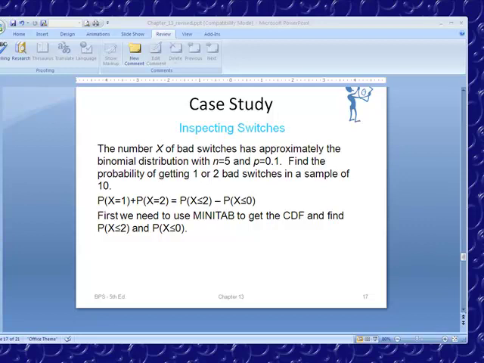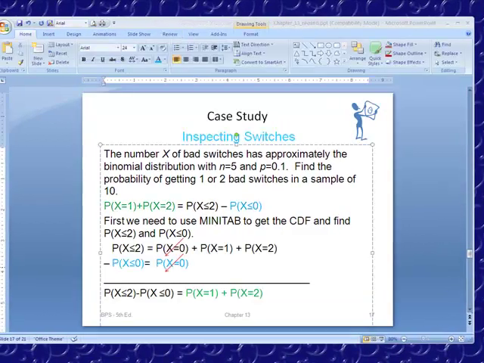But let's pull that out to see exactly what's happening. If we want the probability of getting 1 or 2 switches, that's just the probability that x equals 1 plus the probability that x equals 2. But using the CDF, we have to say the probability that x is less than or equal to 2 minus the probability that x is less than or equal to 0. Why does this work?